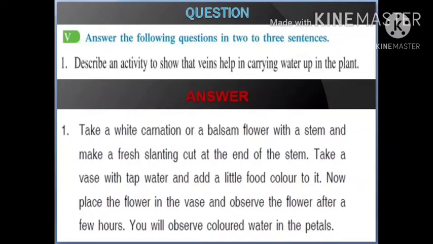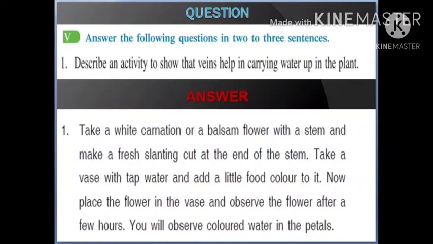Take a vase with tap water and add a little food color to it. Now place the flower in the vase and observe the flower after a few hours. You will observe colored water in the petals.